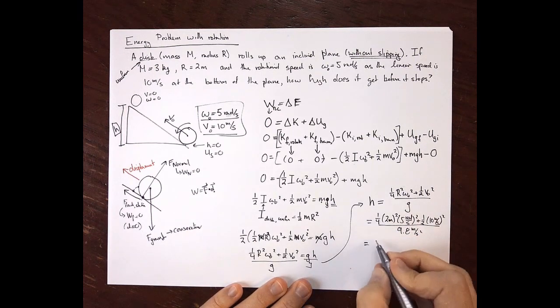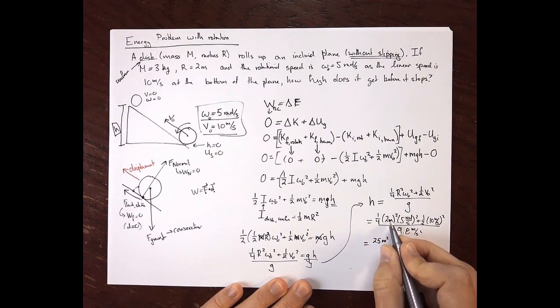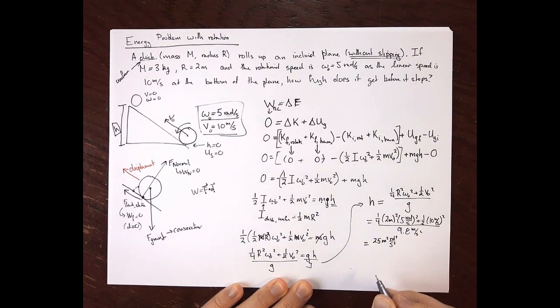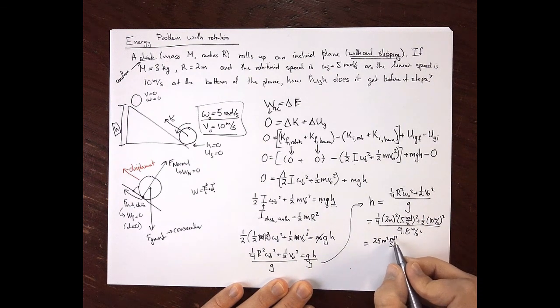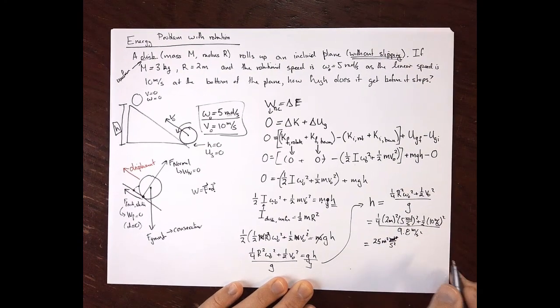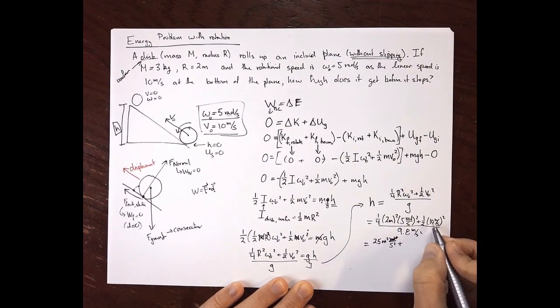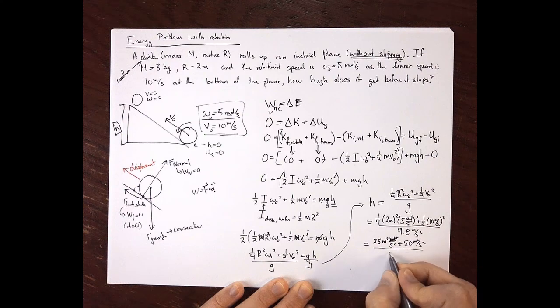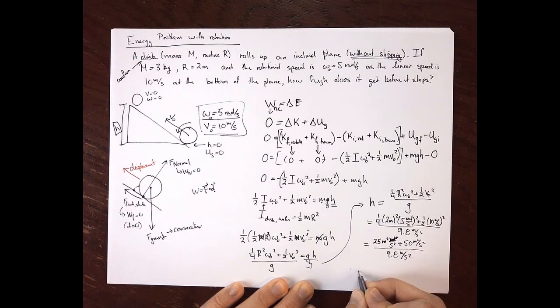All right, this first term is going to be 25 meters squared radians squared over seconds squared. And remember, radians are kind of those units that just disappear when they're next to a meter. So we can just not write those and we get meters squared over seconds squared. Plus this one will be 50 meters squared over seconds squared. And that whole thing over 9.8 meters per second squared.